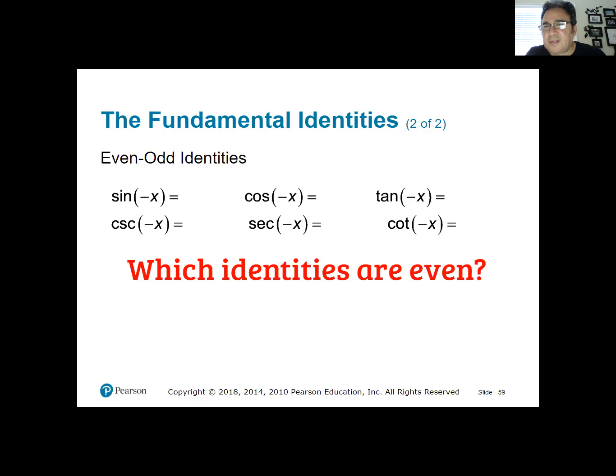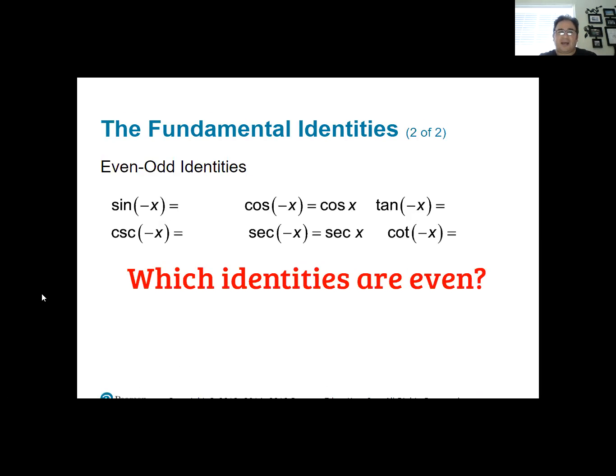Good job. So those are the even ones, right? So the question is, which ones are the odd ones? All the other ones. Very good. All the other ones are odd.